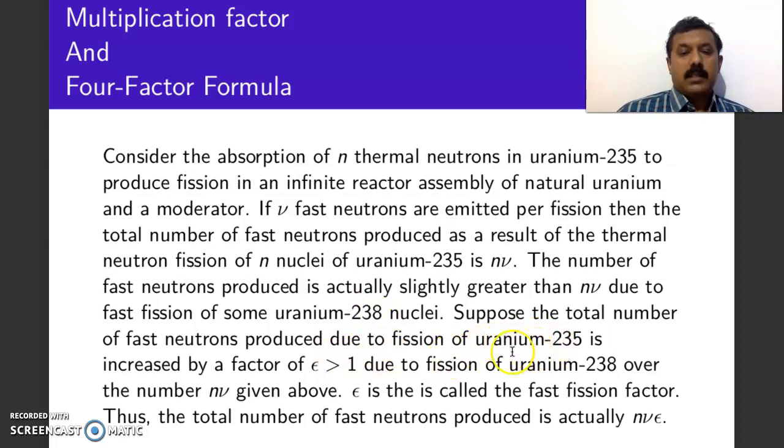If we consider that the total number of fast neutrons produced due to fission of uranium-235 is increased by a factor epsilon, which is greater than 1, due to the fission of uranium-238, then the total number of fast neutrons actually produced will be equal to nu into epsilon, and this epsilon is called the fast fission factor. This number of fast neutrons is now available, that is nu into epsilon.